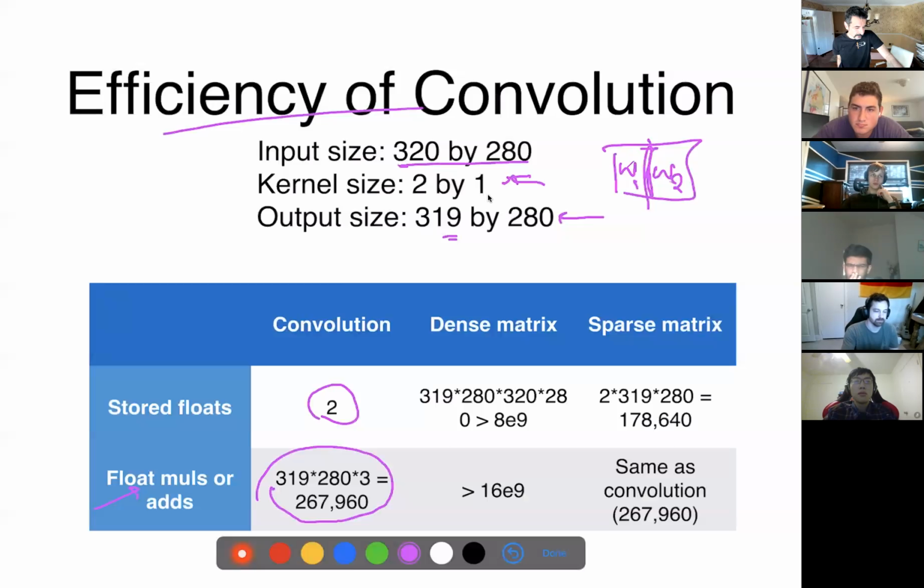And why this many? Why do you think? Why is that the case?